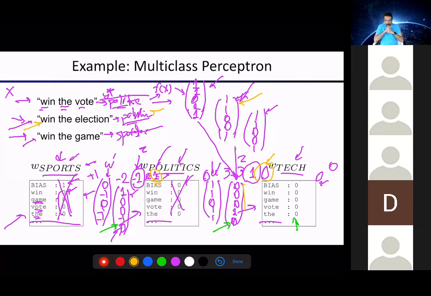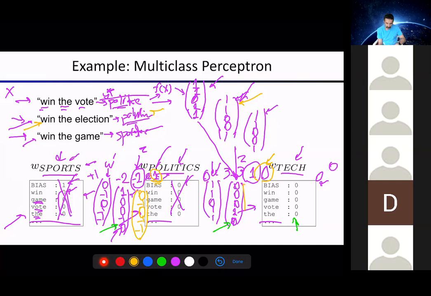We need to make an adjustment. How to make the adjustment? Similarly, we want to subtract from the correct labels. So we subtract from the correct labels. This one would be 0, -1, 0, -1, -1, right?